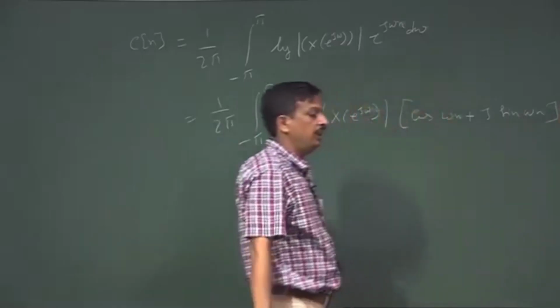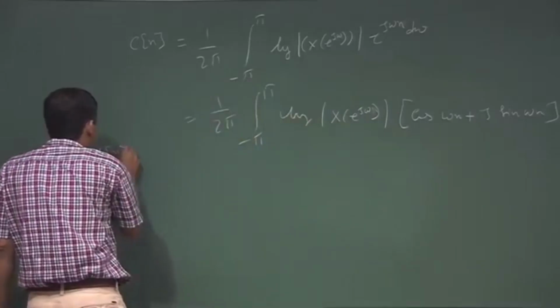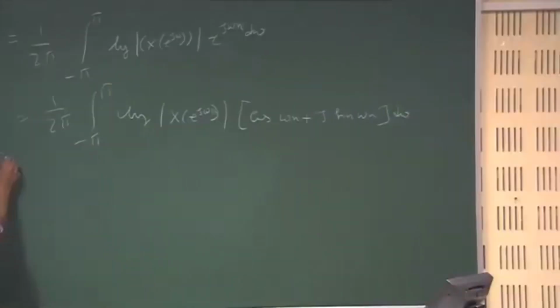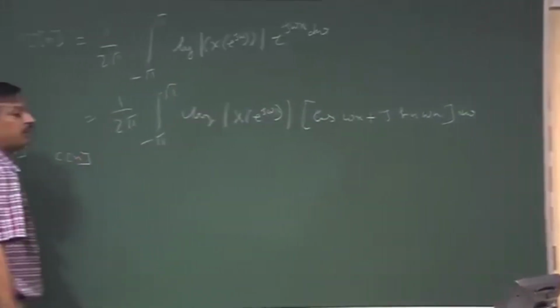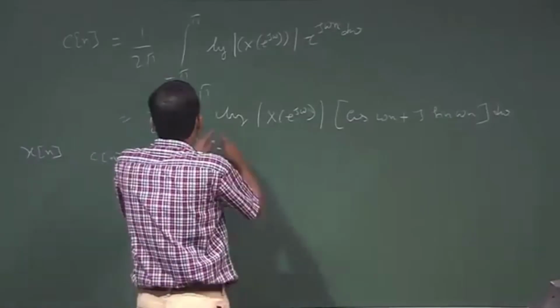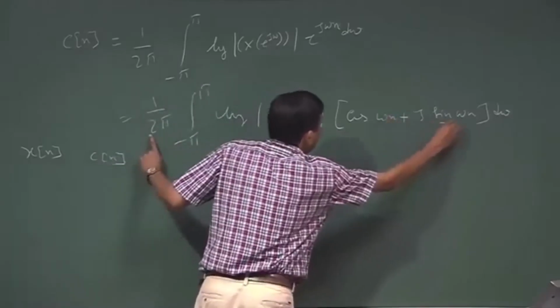Now, if the input signal xn is real, then we said the real spectrum Cn is nothing but an even function. If it is an even function, then only the cos term exists; the sin term cannot exist.